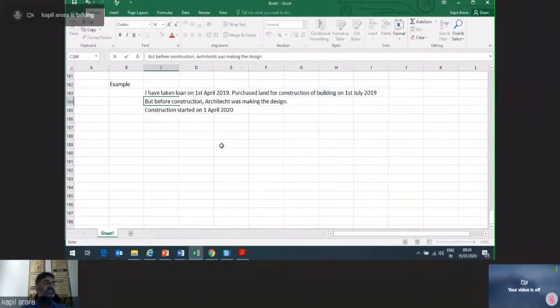So the architect started making the design on 1st July 2019, and he gave me the design on 31st March 2020, and I started my construction on 1st April 2020.